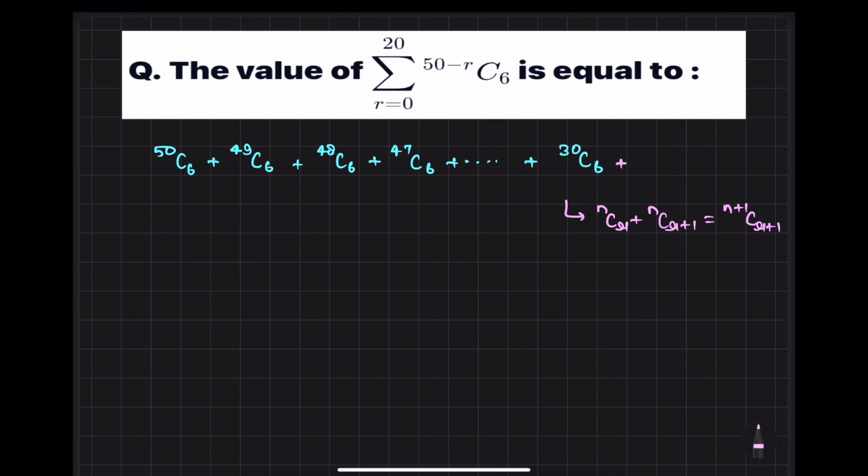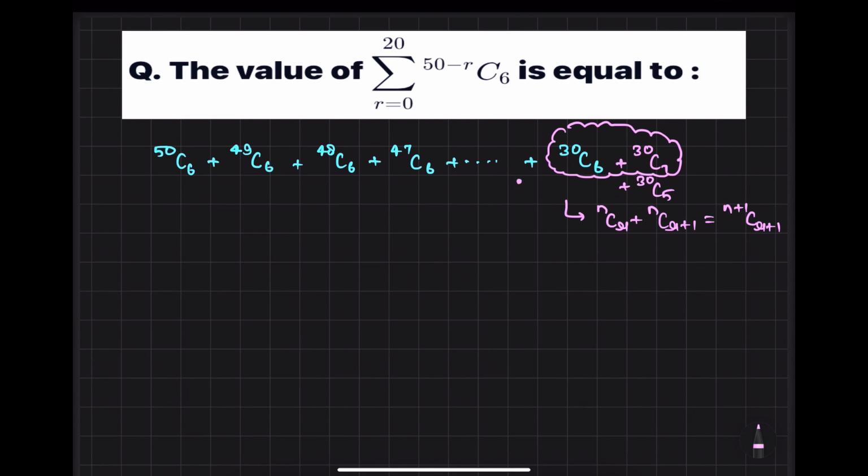So what I'll do is something over here. Can I write 30C7, or can I go with 30C5? Now look at this part. Suppose you handle these two things. It will make 31C7 and here 31C6.